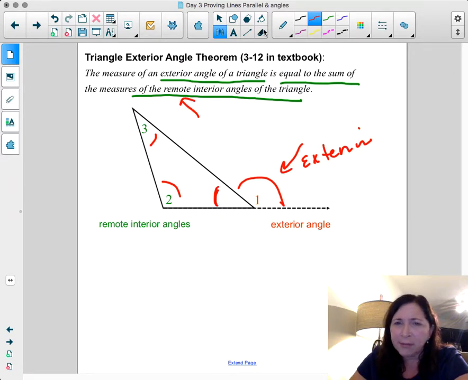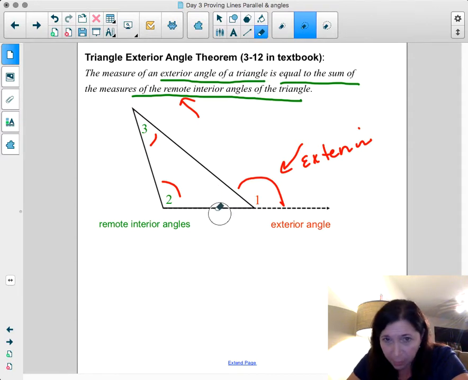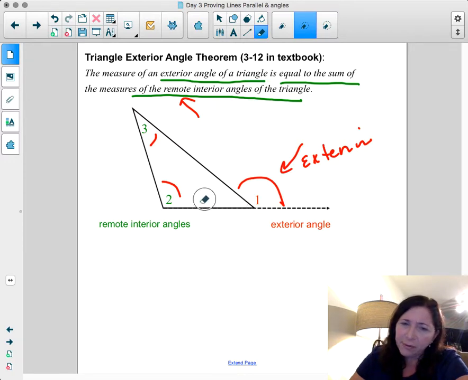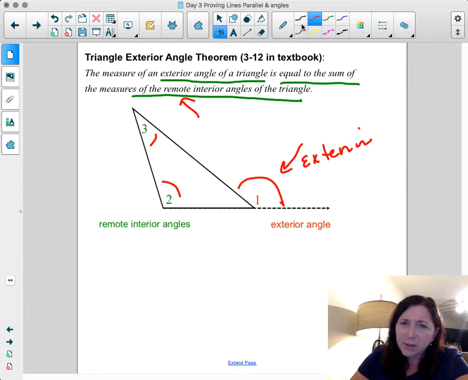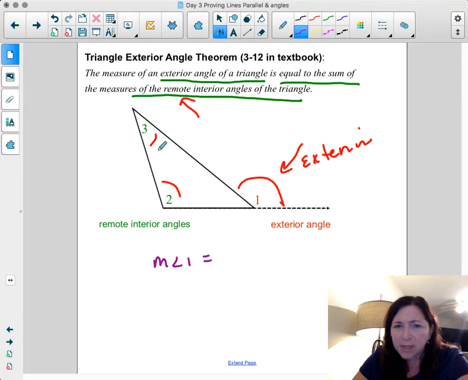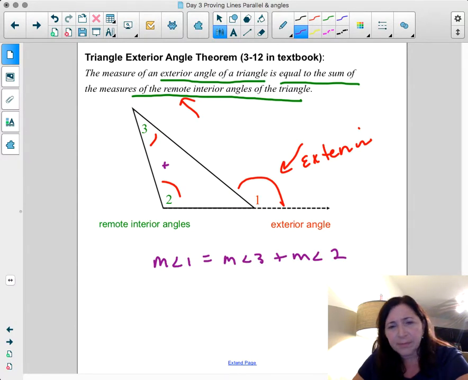Remote means far away from, so a remote angle cannot be right here. It needs to be away from there. So what this theorem is saying is that the measure of angle 1, which is my exterior angle, is equal to the sum of the remote interior angles. So that means the measure of angle 3 plus the measure of angle 2. So that's what that says.